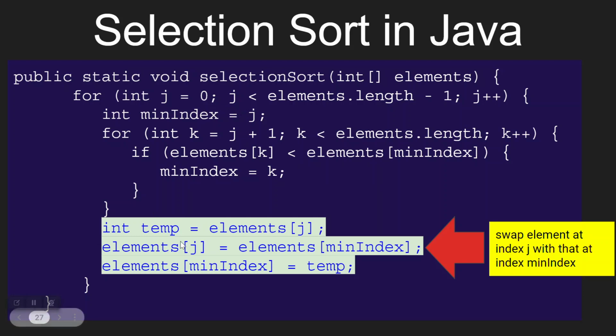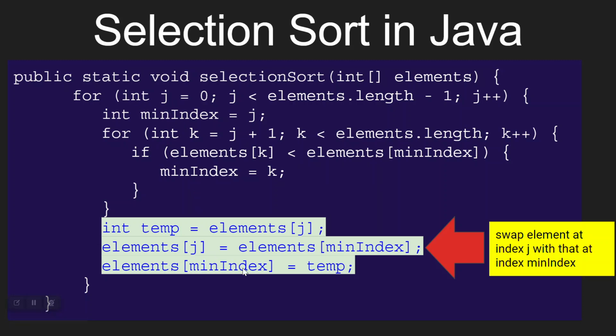And then we say elements at j is now going to be elements at the minimum index. So whatever value ended up being the smallest, whether it was the original value or something else in the array, it's now going to be stuck in that position, elements at j. And then finally, you complete the swap.